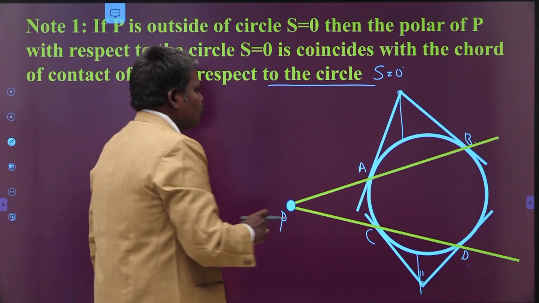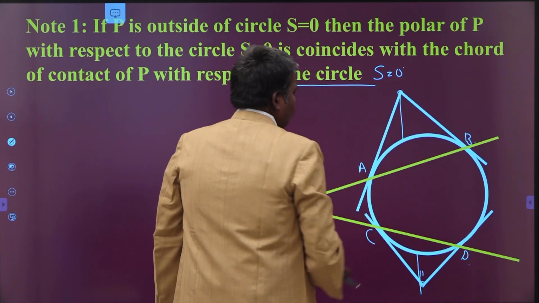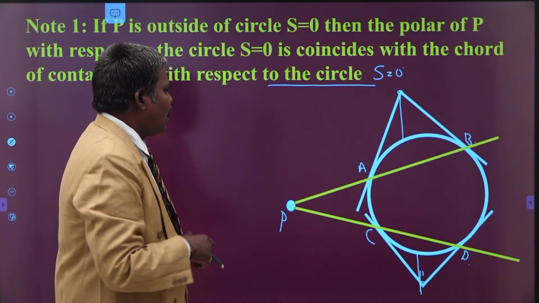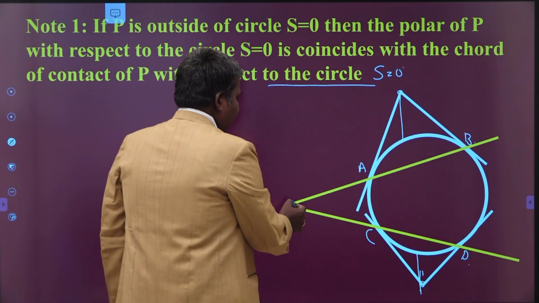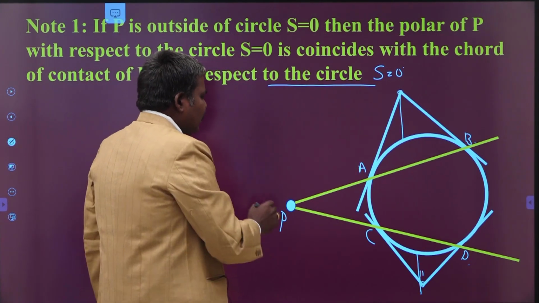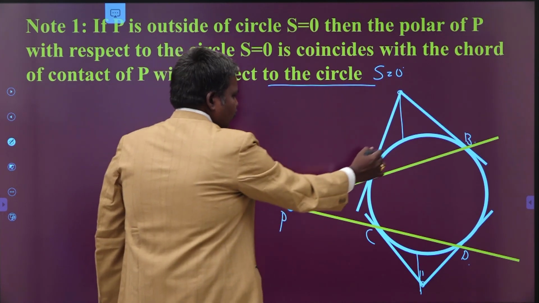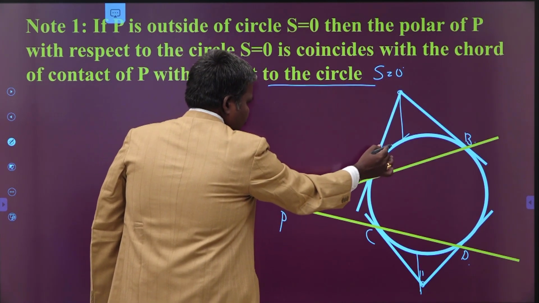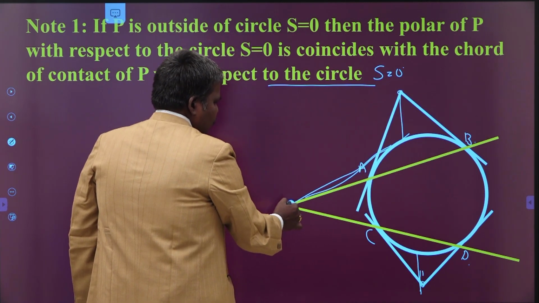Now we are going to show that this polar coincides with the chord of contact of P with respect to the circle. How to draw the chord of contact of P with respect to the circle? What is meant by chord of contact? Draw the tangents through the given point. So we have to draw the tangents through this point.